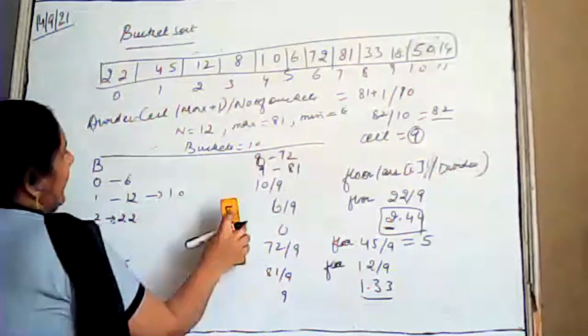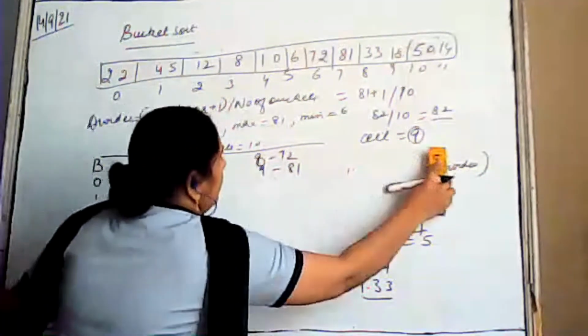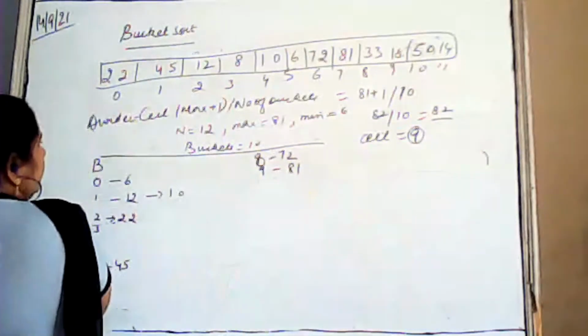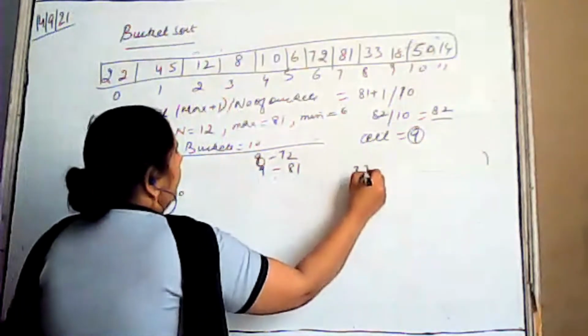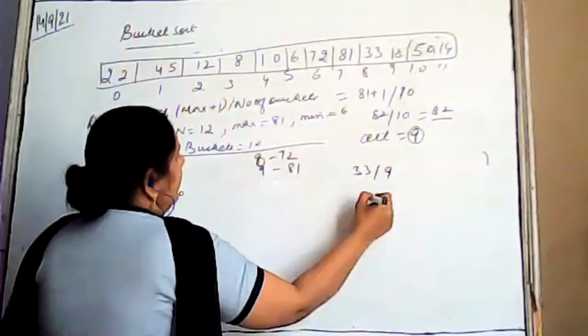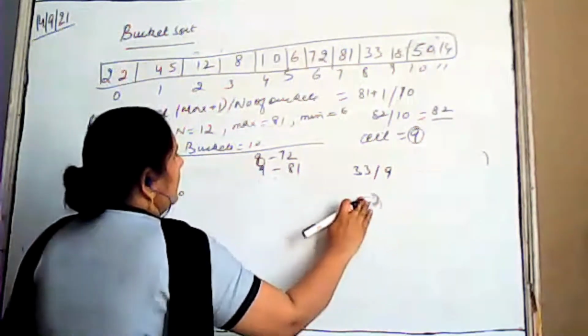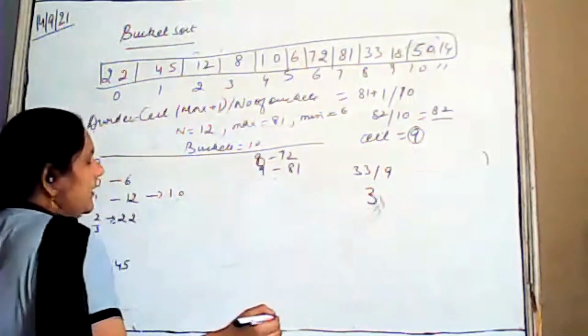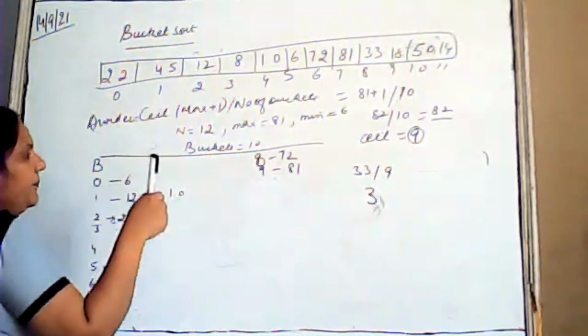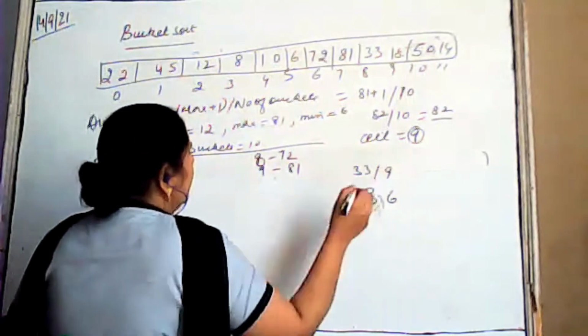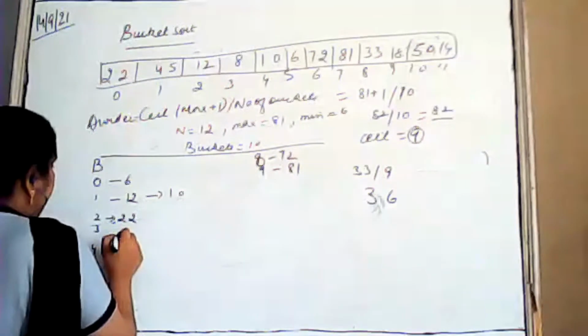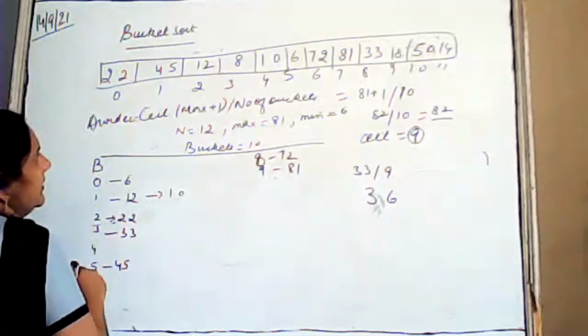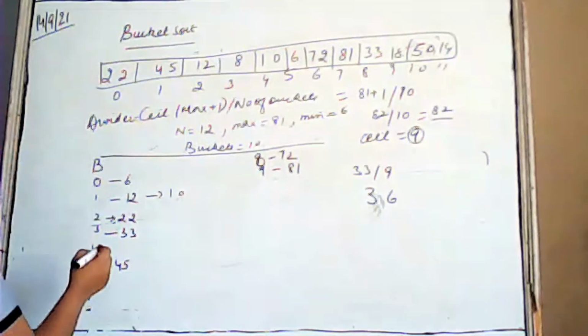Right? Next, 33 by 9. 9 3s are 27. Then 6 left. Then you have 9 6s are 54, so on. So give it to the third bucket. That is 33. Then you have 18. 9 2s are 18.